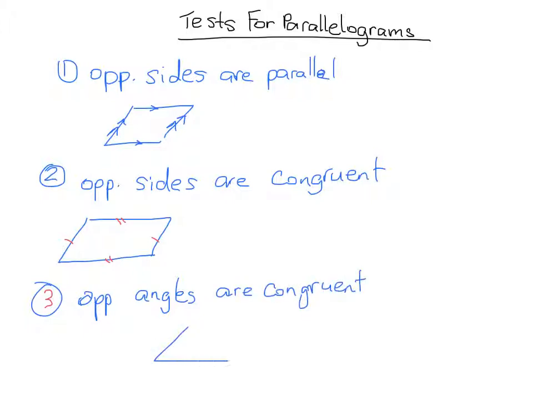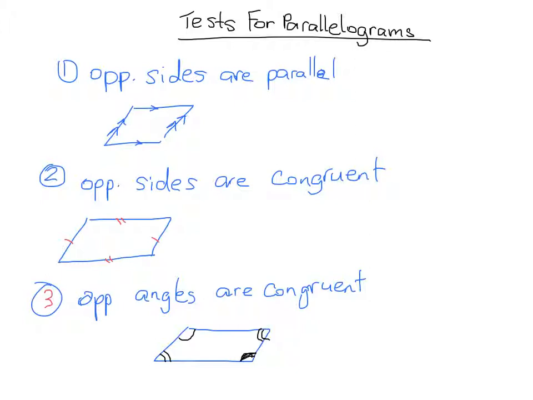So if our parallelogram looks like this, as long as we are absolutely sure that that is equal to that, so our opposite angles there, and this here is equal to this, as long as we know that both pairs of opposite angles are congruent, then we know for sure that we are looking at a parallelogram.